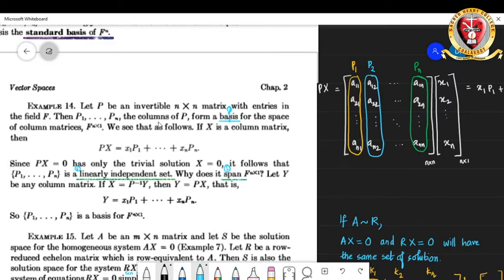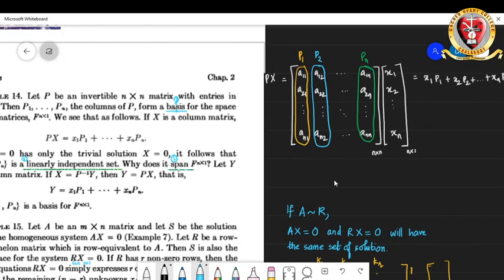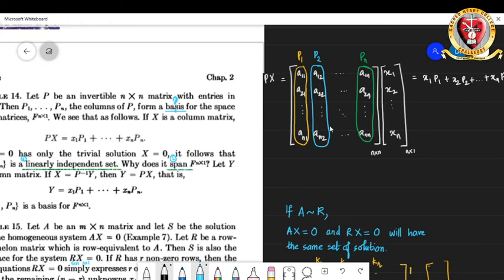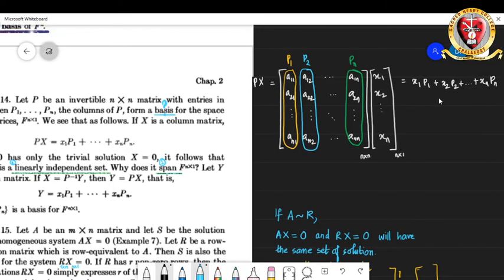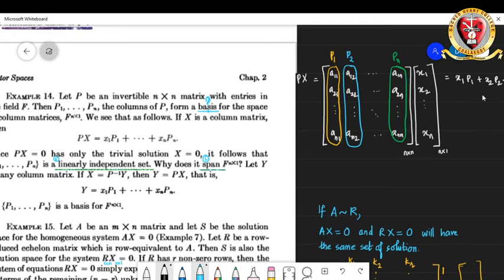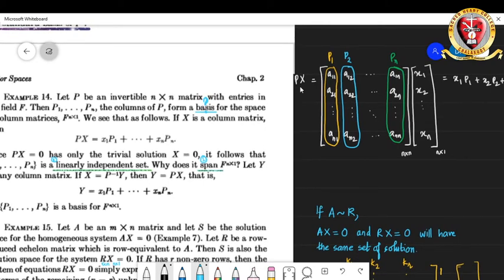Okay. So if you take the column matrix X, that means X is an n by 1 column matrix. Consider Px: P is here, the column vector is here. When we do the multiplication, you get x1 multiplied with P1, x2 multiplied with P2, etc., xn multiplied with Pn forming Px, right?